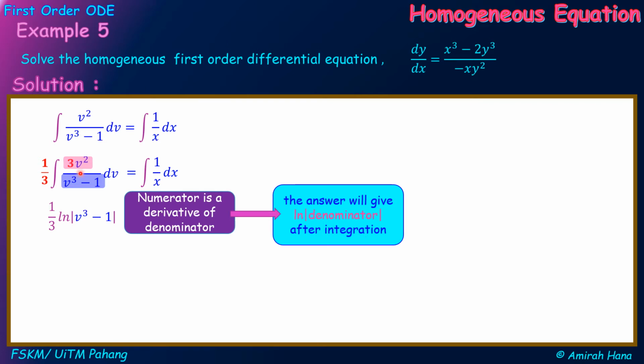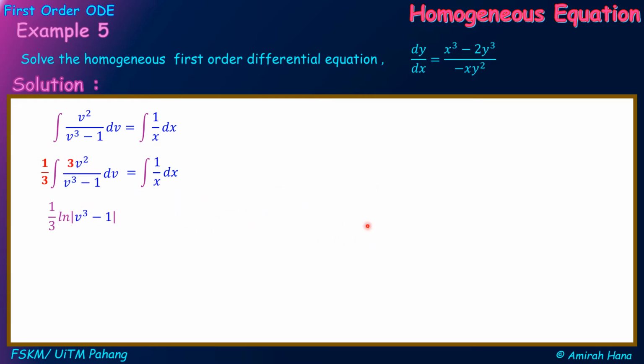So, from here, after we integrate, we still have the constant 1 over 3. And since the numerator is the derivative of the denominator, after we integrate, we get ln of the denominator. So, we get this. Okay, ln v cubed minus 1, which is ln of the denominator, right?